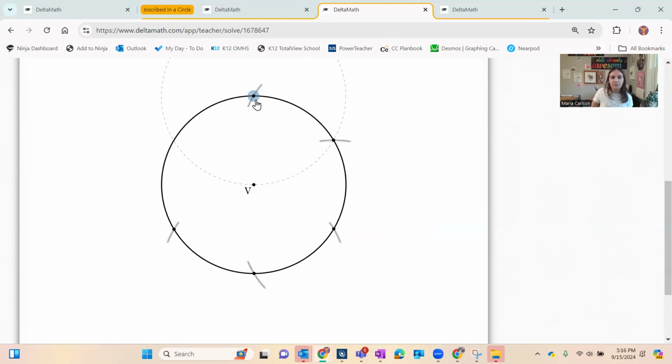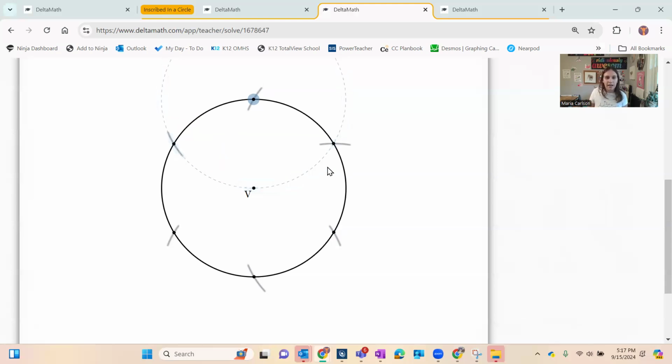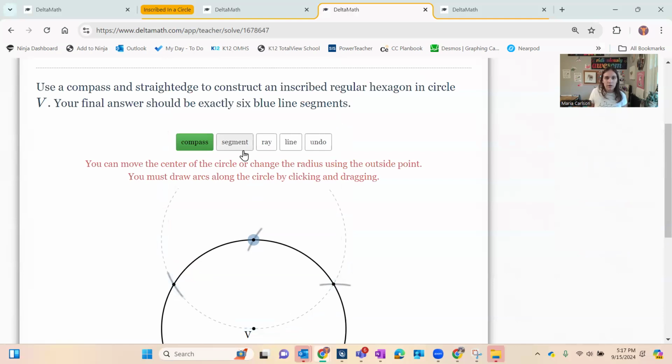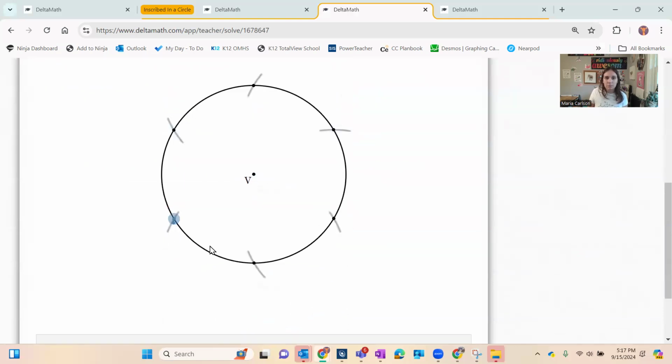So please make sure you're never changing or moving the compass by any point but its center. And then I'll move my compass once more to this top point, and I will construct 1 more intersection with the circle. So now I have 6 intersecting lines, which form the 6 vertices of my hexagon. So I will use the segment tool to draw segments between each of these intersections.